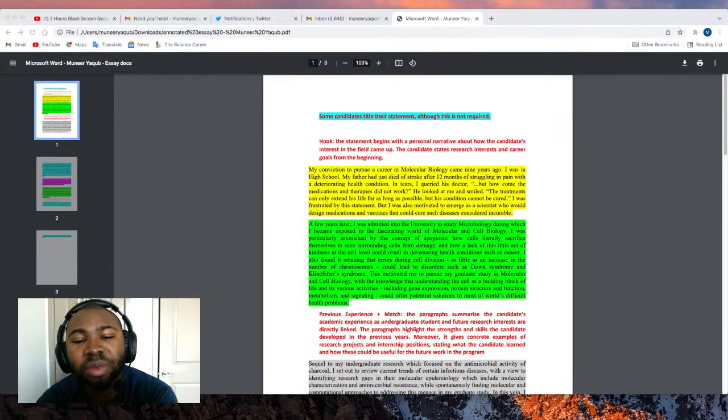Then I wrote, I was particularly astonished by the concept of apoptosis. Apoptosis is a scientific term, right? How cells literally sacrifice themselves to save surrounding cells from damage, and how a lack of this little act of kindness at the cell level could result in devastating health conditions such as cancer.